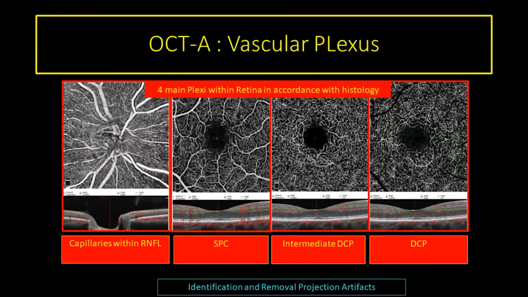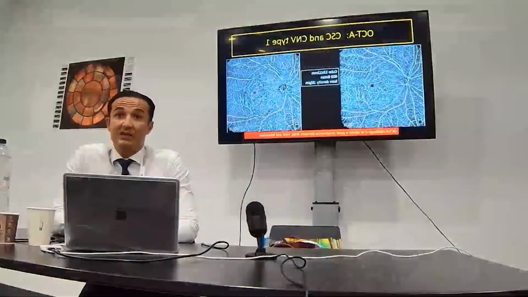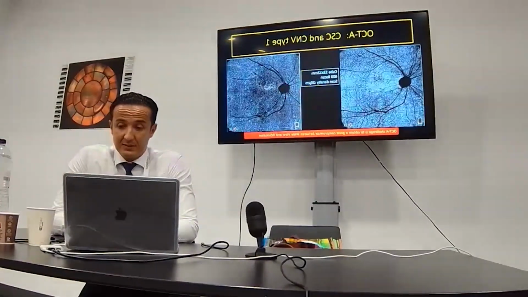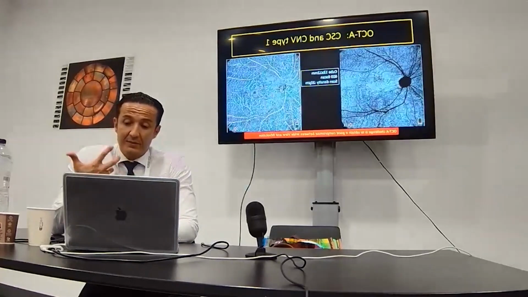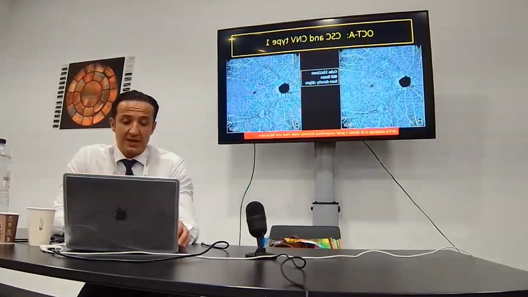And look here, with a cube of 12 by 12, you can easily identify CNV, in this case of a chronic CNV. You keep the information even with a very large scan.